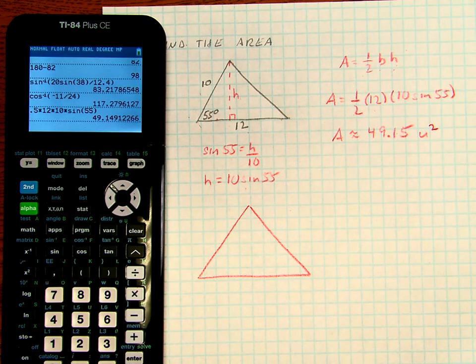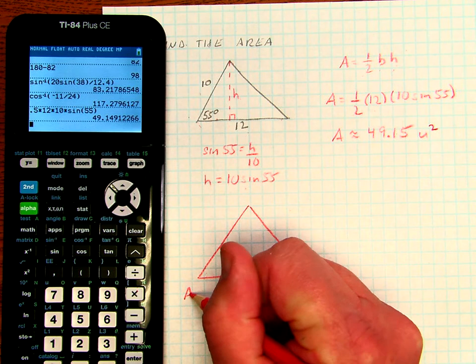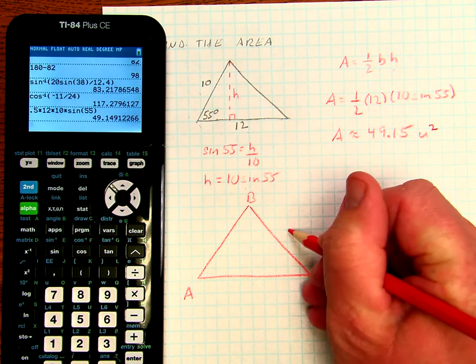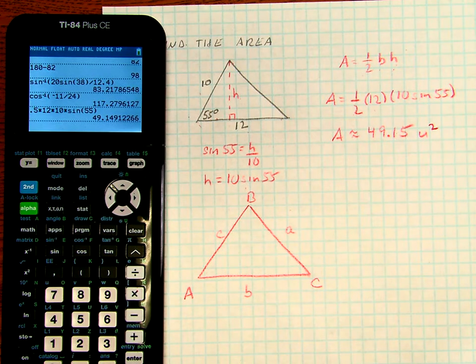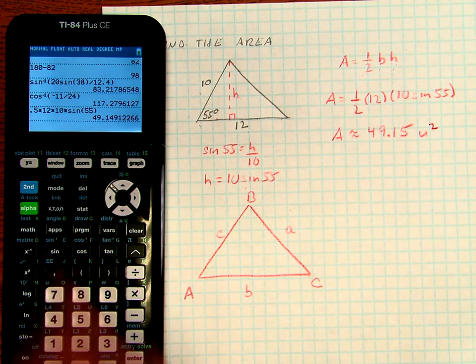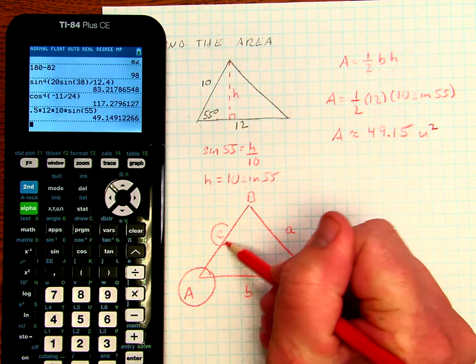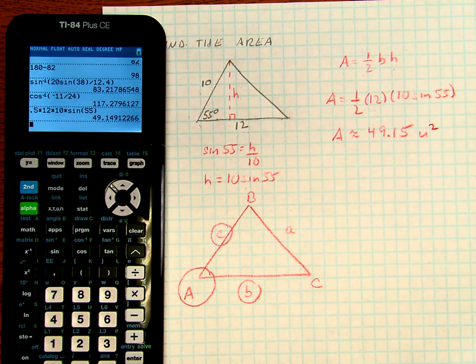So let's call this angle A, and call the other angles B and C. We knew angle A, side C, and side B.